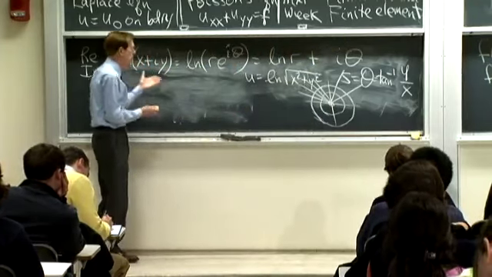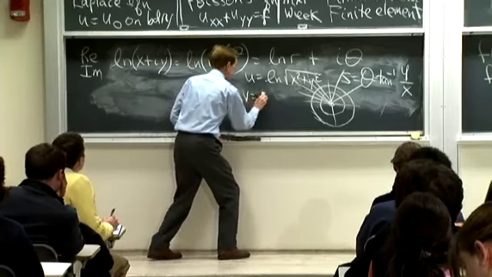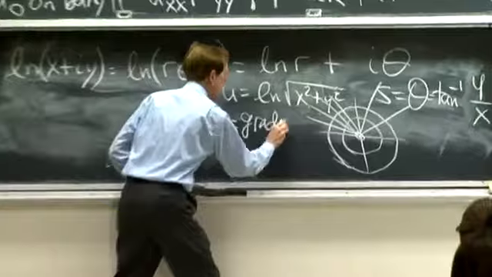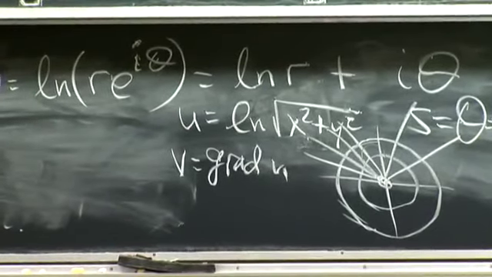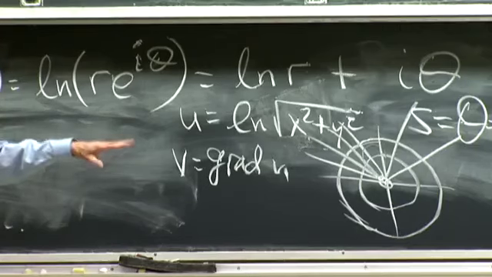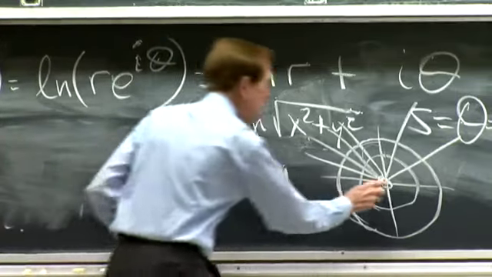And we know u, I know v is the gradient of u, right? I could take the x and y derivatives. I'd know the velocity. I know the stream function. The divergence would be 0. Everything great except at the origin.